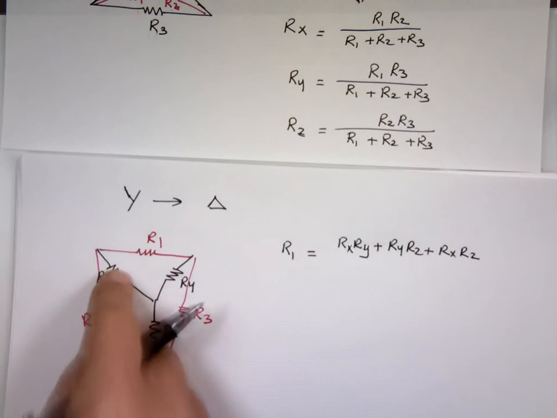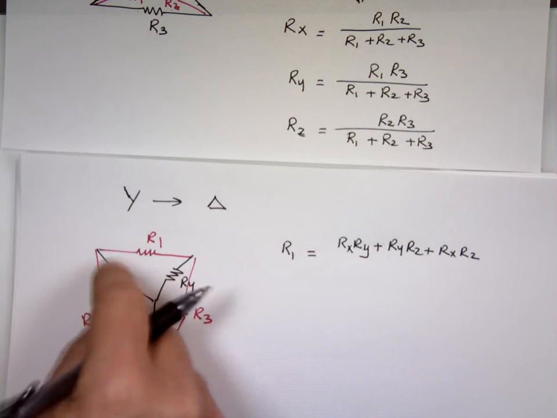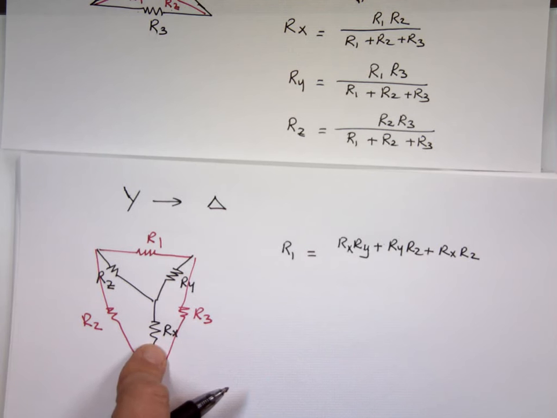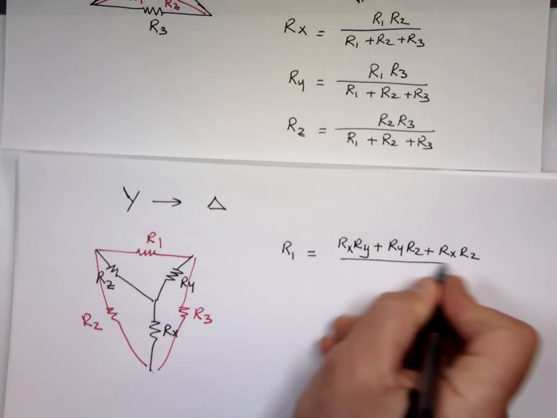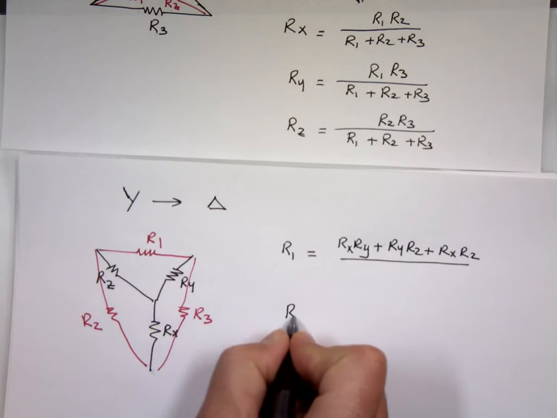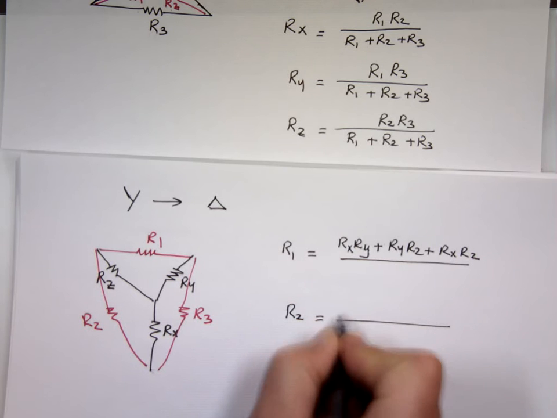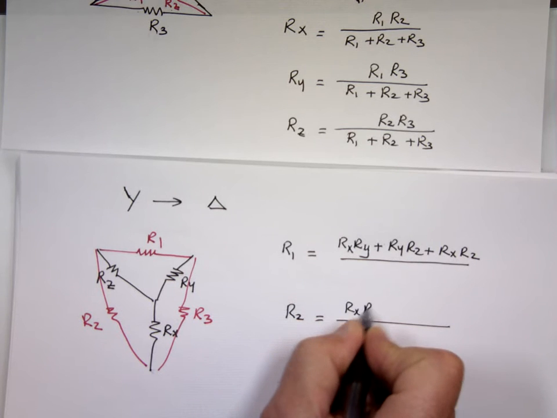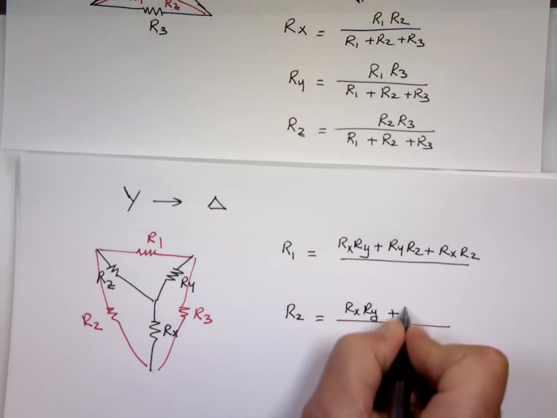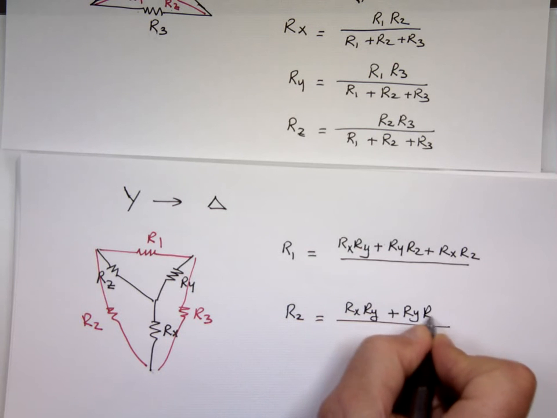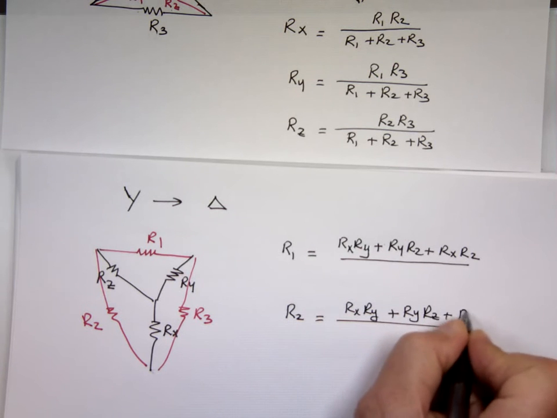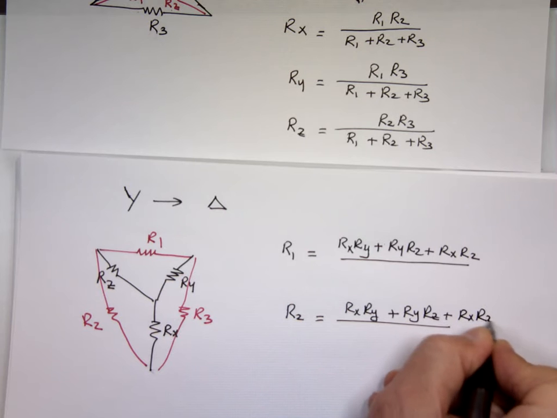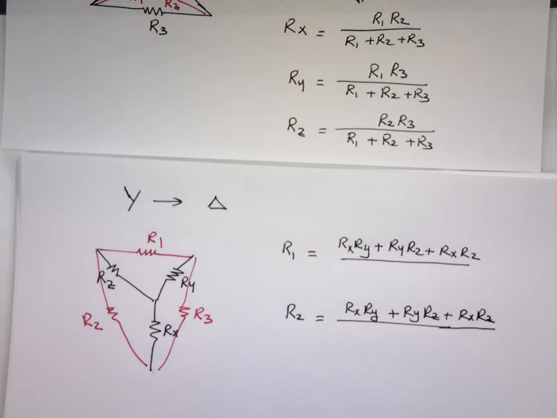This times this plus this times this plus this times this. The top for all of them: Rx Ry plus Ry Rz plus Rx Rz. And R3, same thing, the top is always the same.